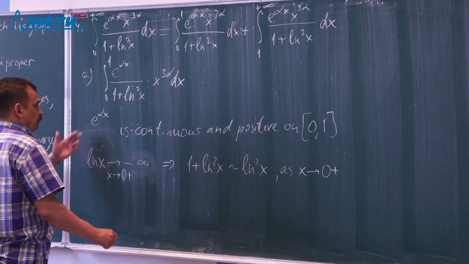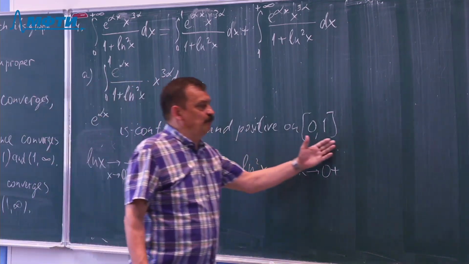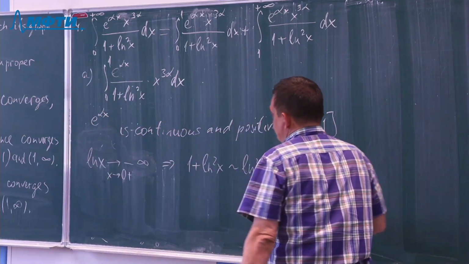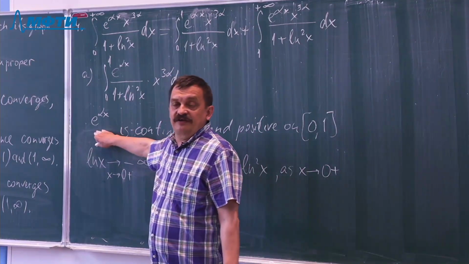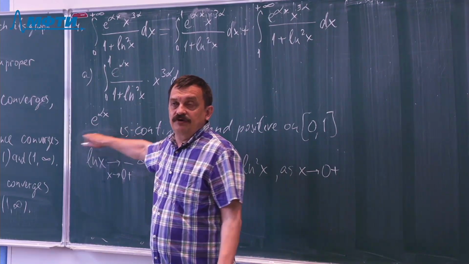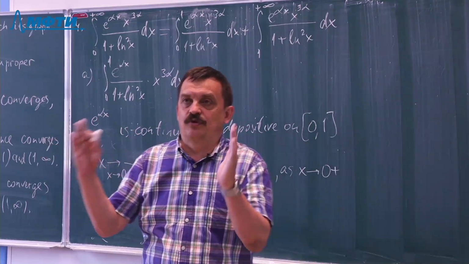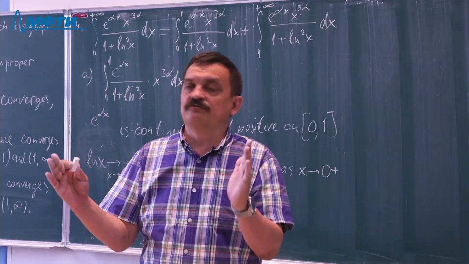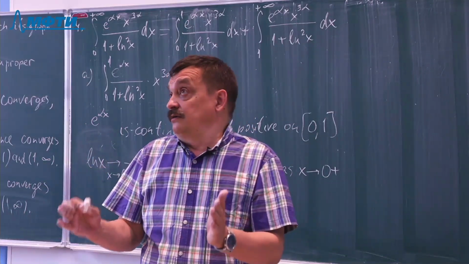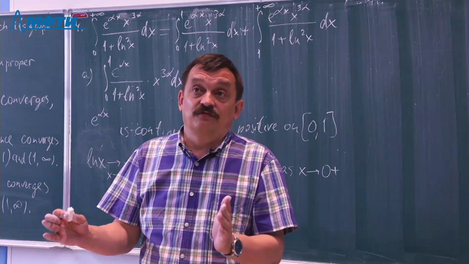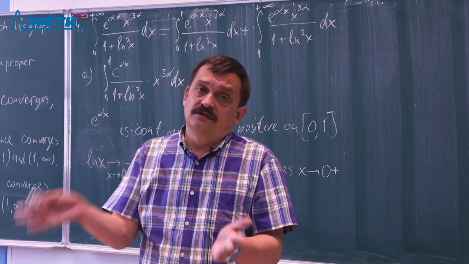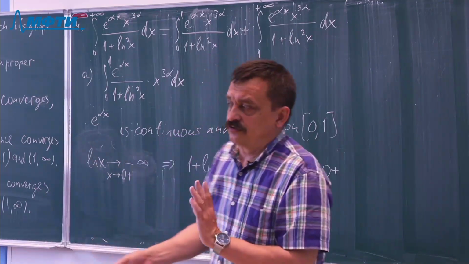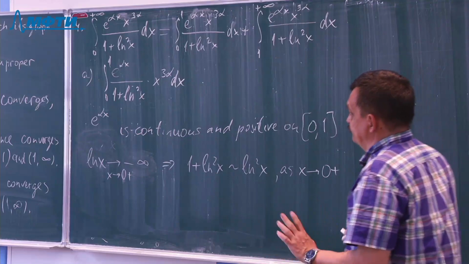And if we have equivalent functions, then, look, because of continuity and positivity of that function, we may forget about e to the power alpha x, because it is between positive constants, right? So we may apply a comparison test for integrals in both directions, divergence or convergence, doesn't matter.